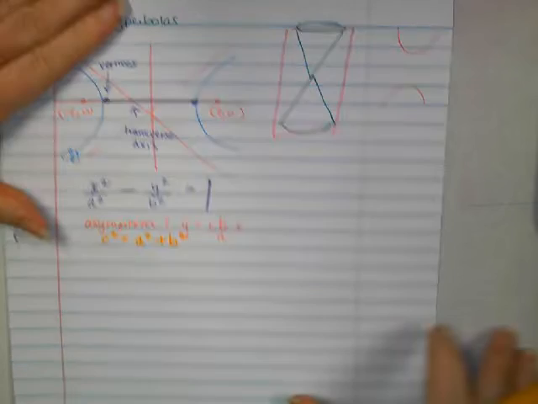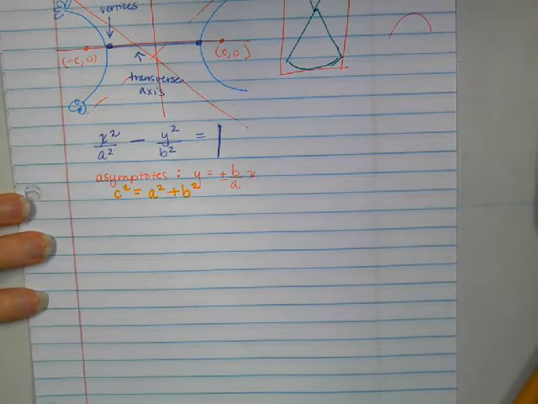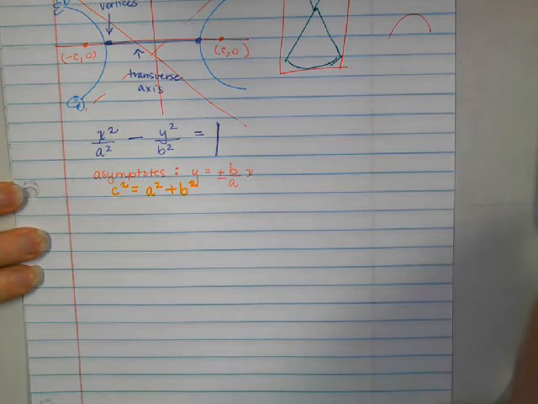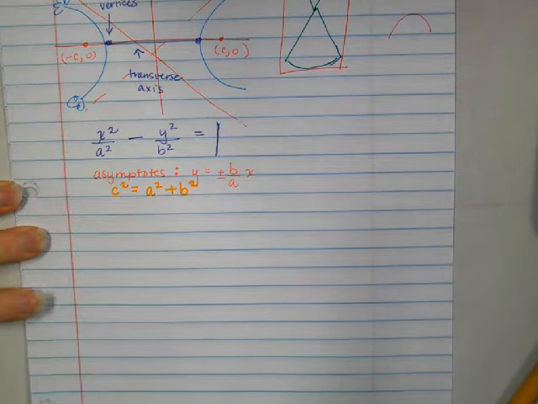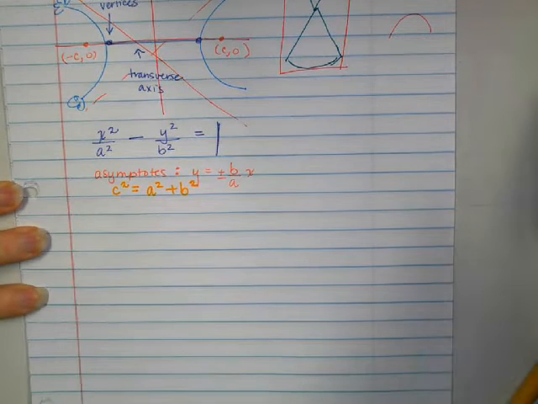Okay, so let's do one real quick, and I think once we get into it, you'll see they're very, very similar to the other conic sections that we've already done. That pen doesn't work.